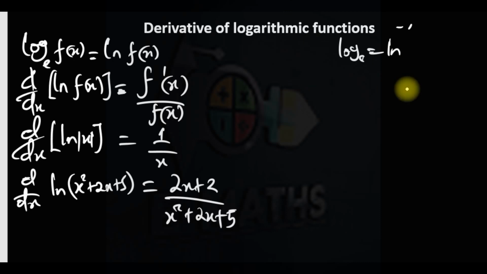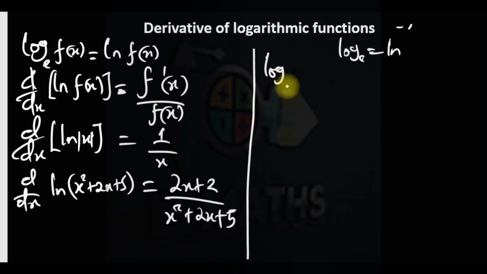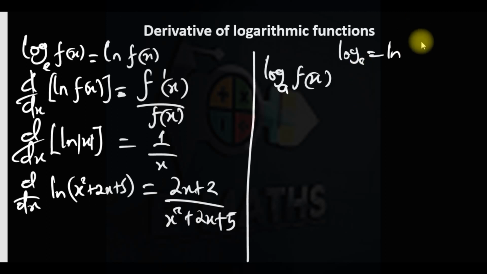So again, what if it is not natural log? Maybe you are given log to any base a, where a could be 2, 3, 4, 5, any base. So what do we do? It's very easy. We use our change of base law. Do you remember it in logarithm? Given the original log base a, we want to change it to another base, maybe base c.